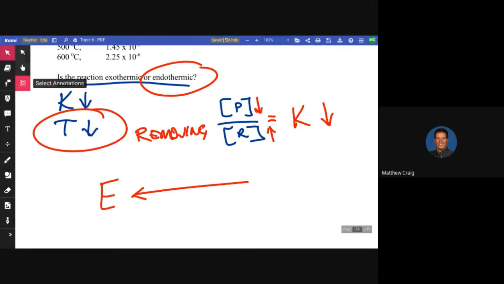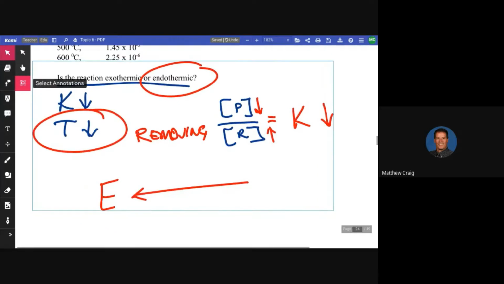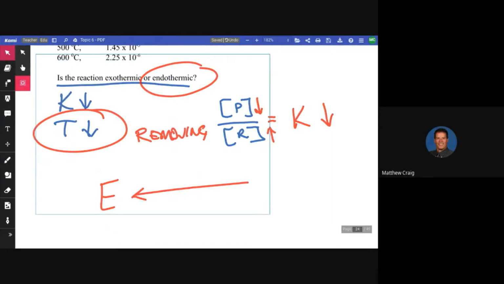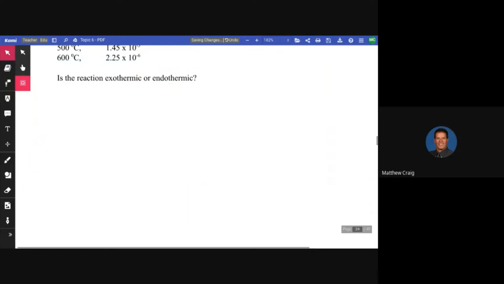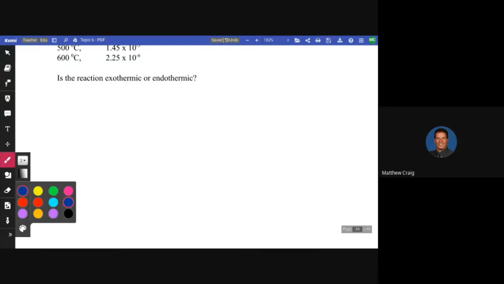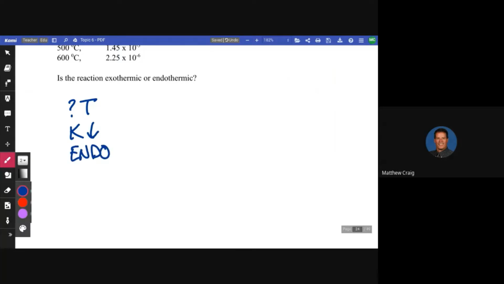Let's do another. I want to know what's happening to the temperature as K decreases and it's an endothermic reaction. So again, products over reactants.